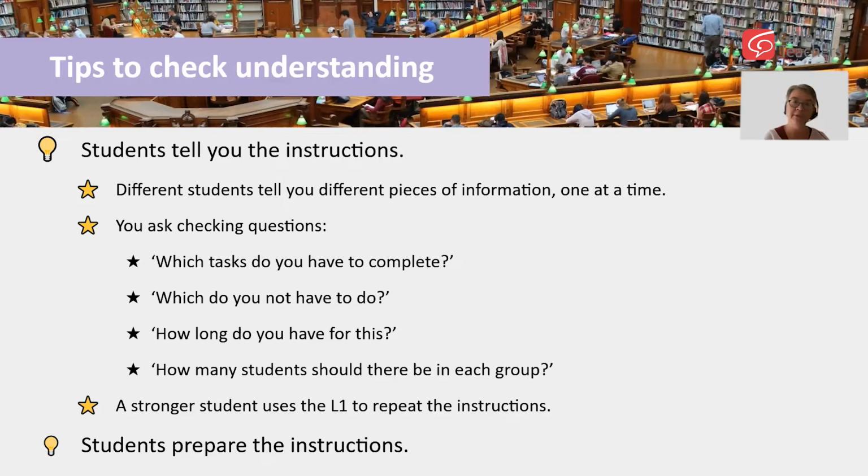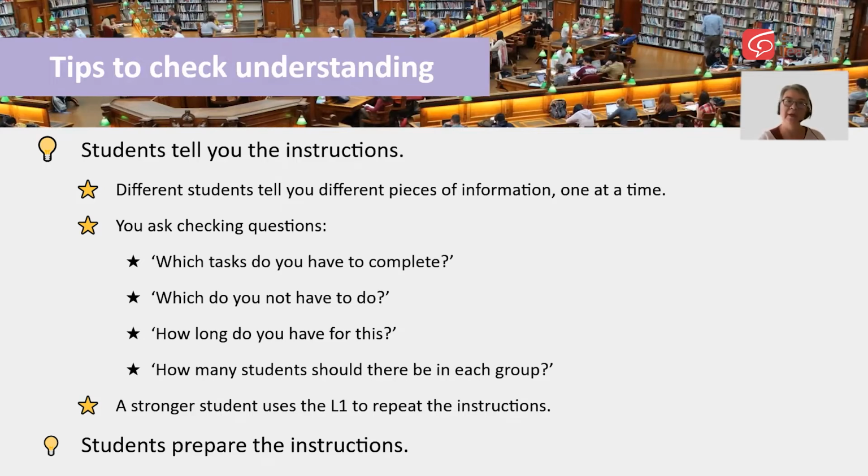And if you want to tap into the knowledge of stronger students in a mixed ability class, you could get the stronger students to repeat the instructions in the first language if you've got a monolingual class. If your learners in one class do not share the same first language, you could get the stronger students to demonstrate the activity or explain the instructions in English to the rest of the class.